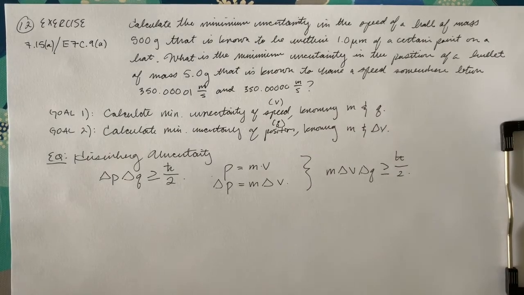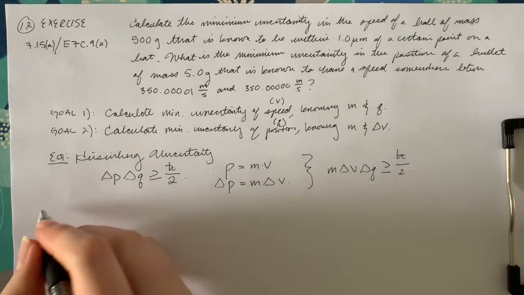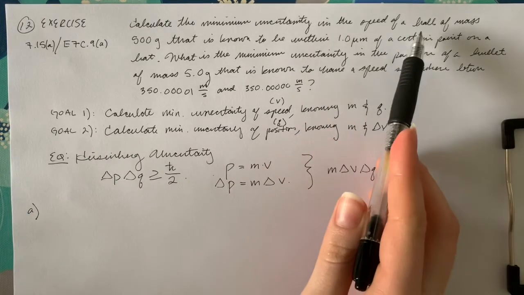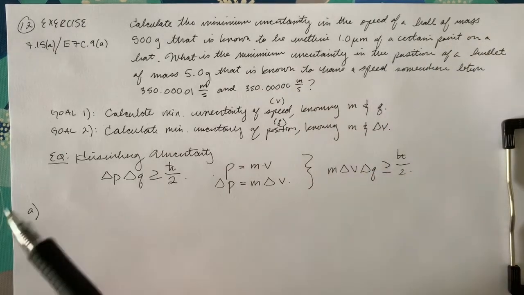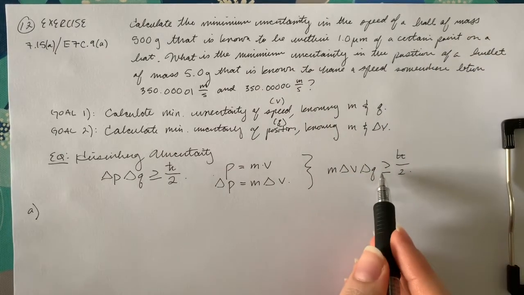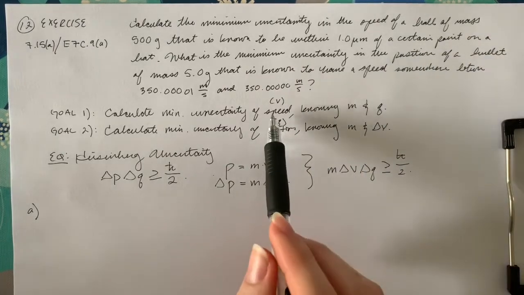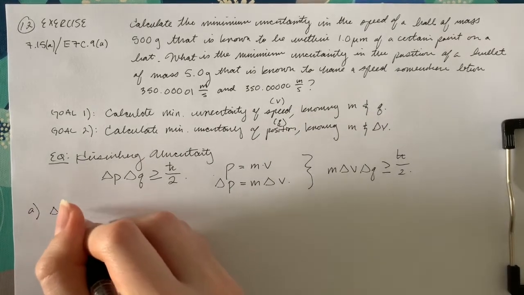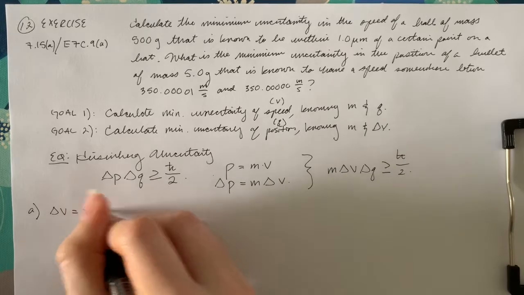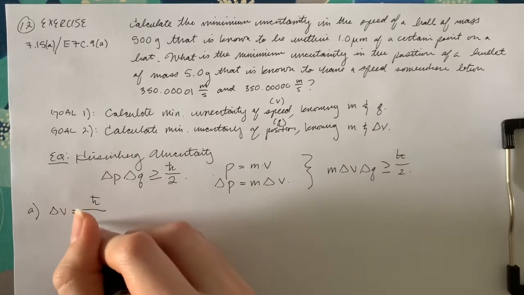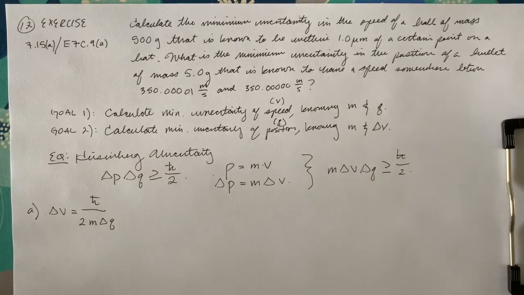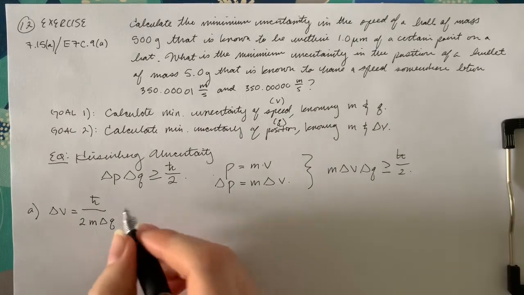All right, so for part A, the uncertainty of the speed of a ball. We have this equation, and since we're calculating the uncertainty for speed, we can algebraically rearrange this to delta V equals h bar over 2m delta Q. And we can just plug and chug at this point.